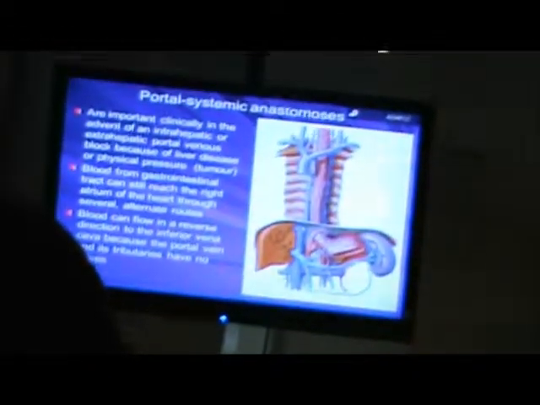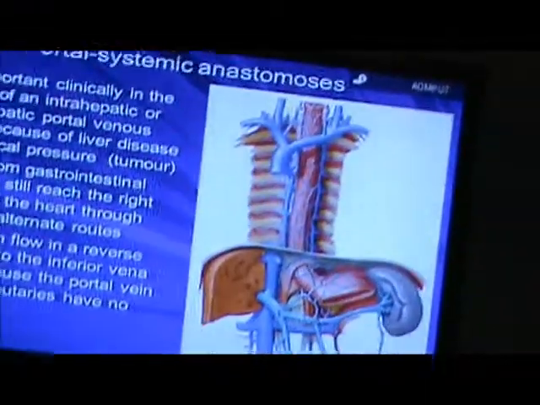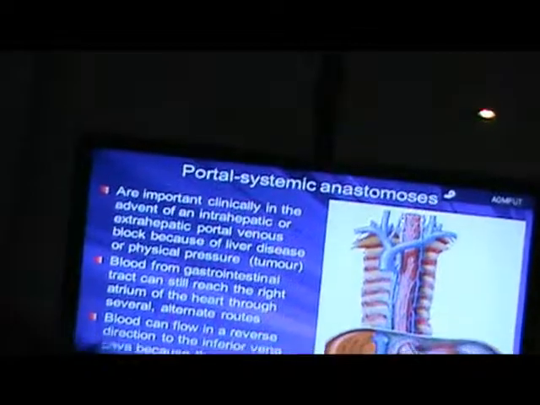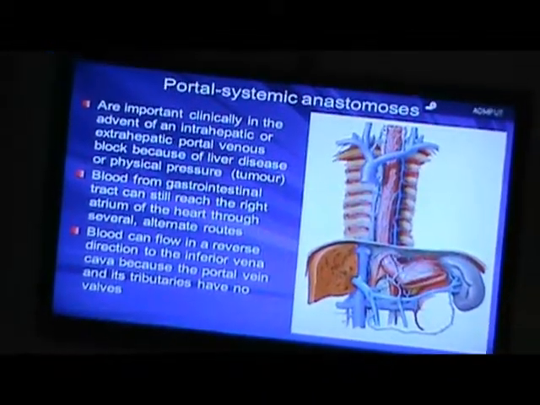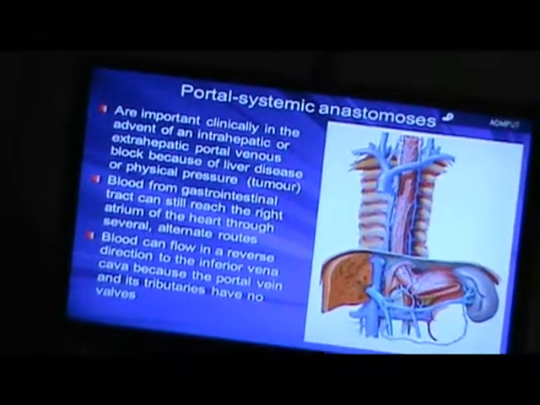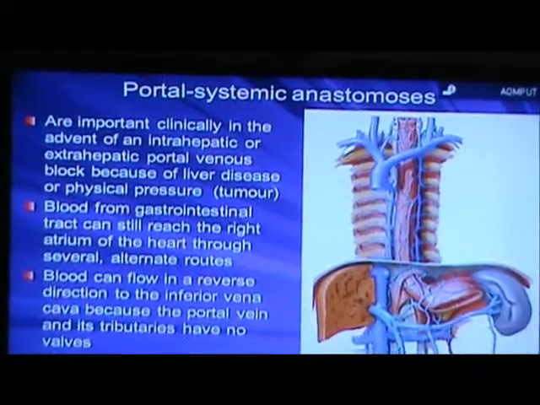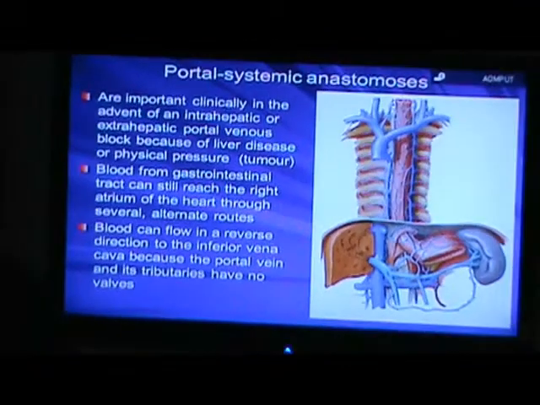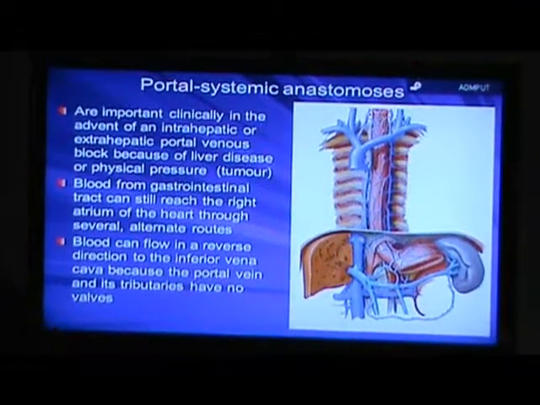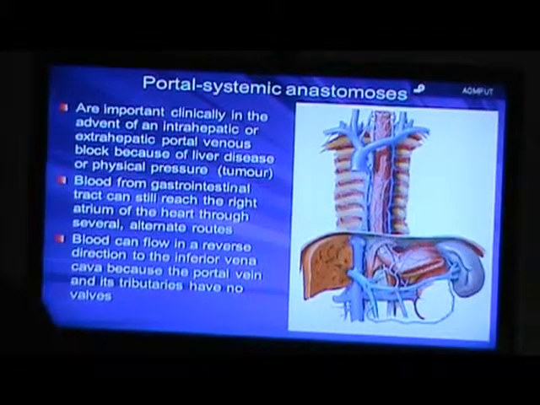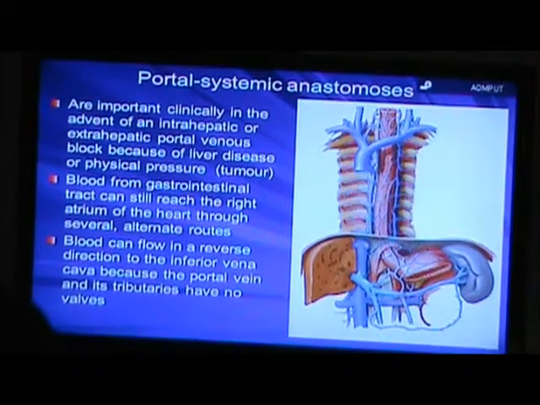Or there is some disease, cirrhosis hepatis, or after drinking a lot of alcohol. So it happens that normally the blood can't flow through the liver because the liver is destroyed. The sinusoids, so there is a big problem.